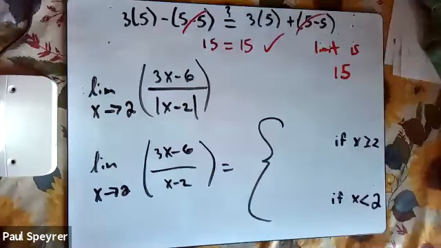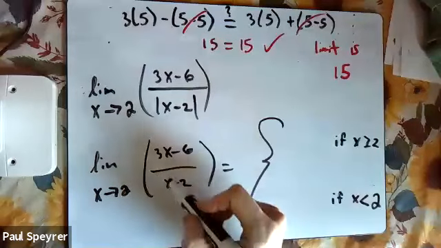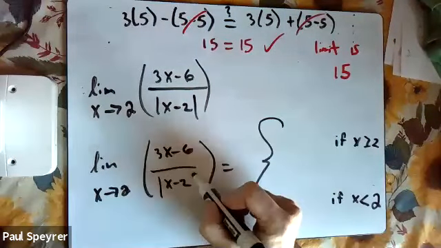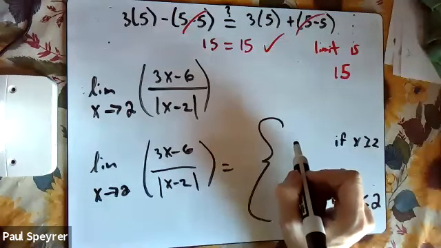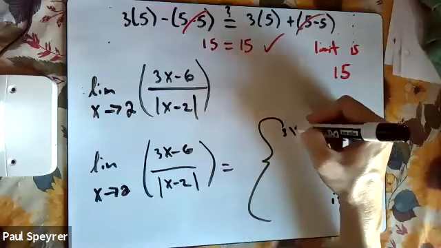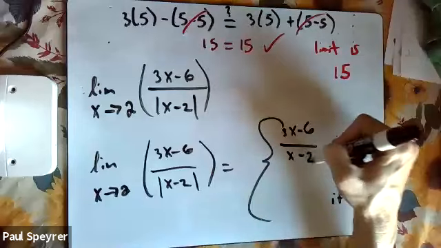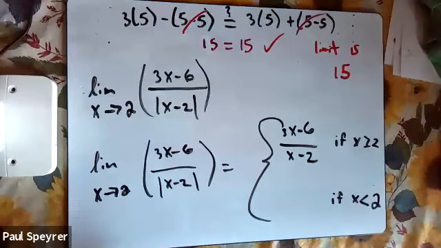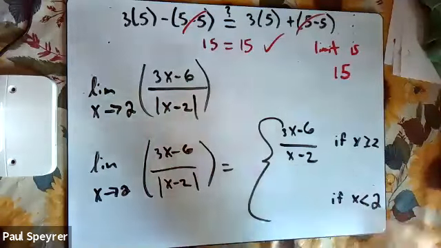Now remember, for the very first one, it was stuff. Don't forget to add the bars right here. What do we do for the very first one? You just drop the bars, but nothing changes basically. So we have 3x minus 6 over x minus 2. That's following that little formula that we wrote down. Stuff, you basically drop the bars for the first case and keep everything the same.